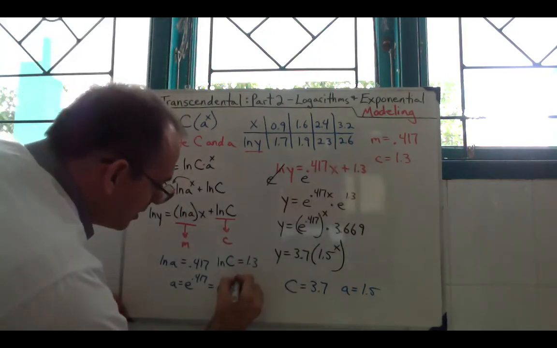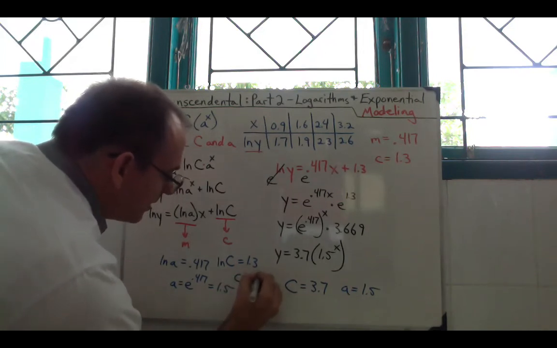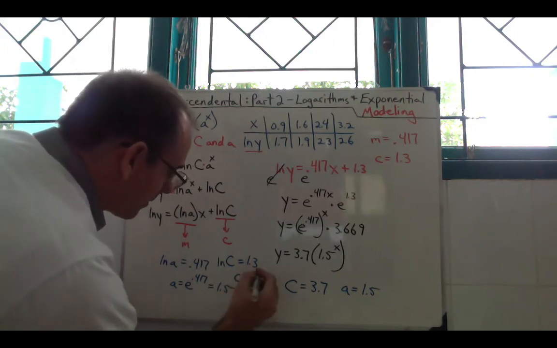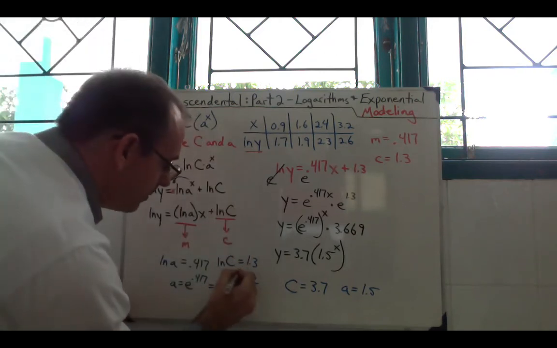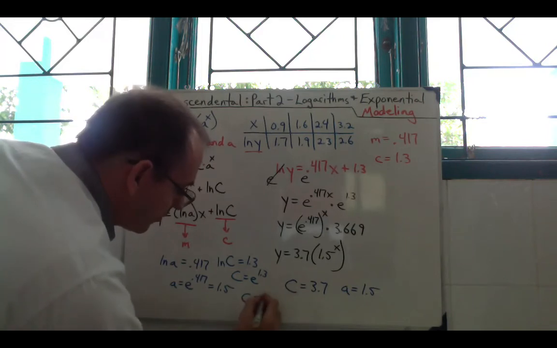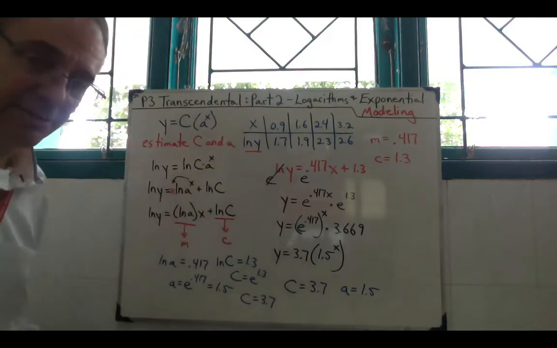So then you would get big C equals e to the 1.3, and big C equals 3.7. So you can get the right answer either way.